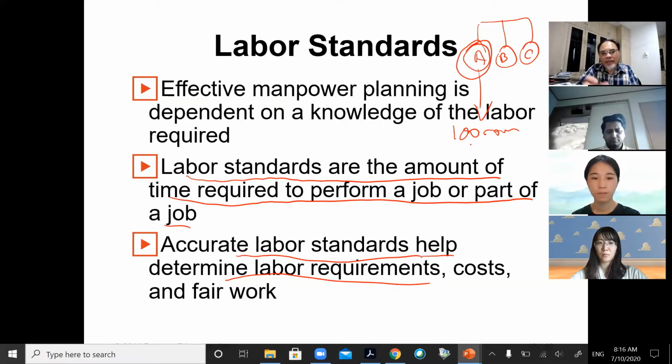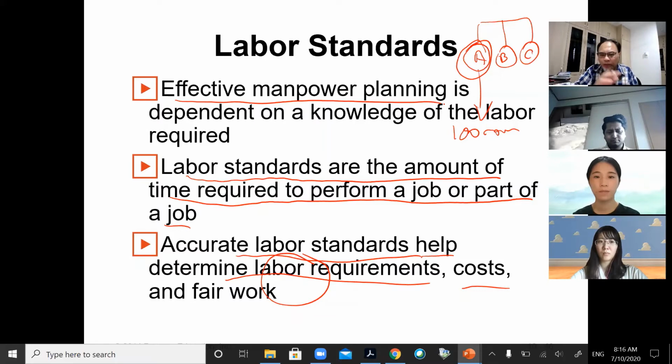If I know the time, I can know how many employees are needed, and I know the cost. So that's why you need to know labor standards for effective manpower planning.